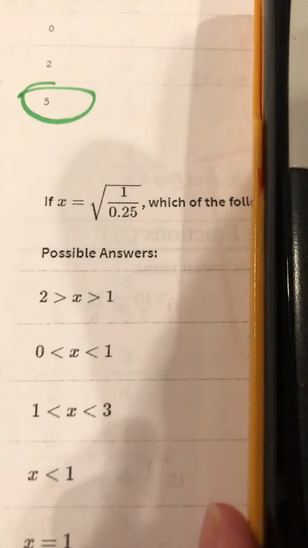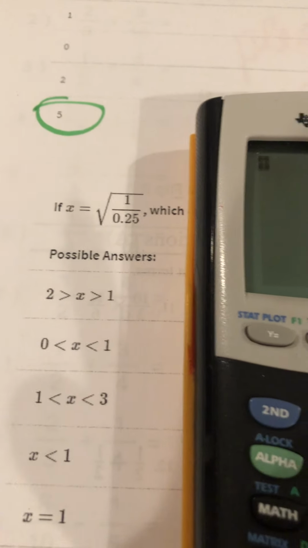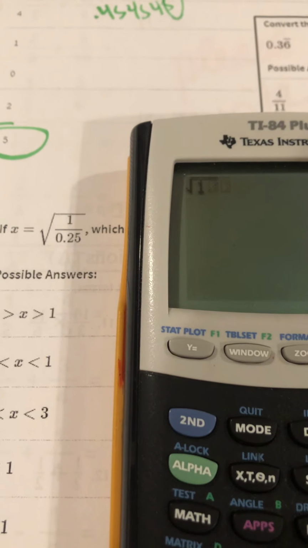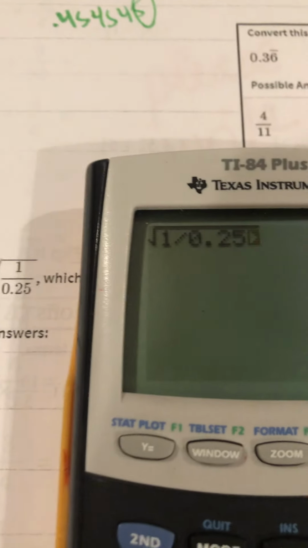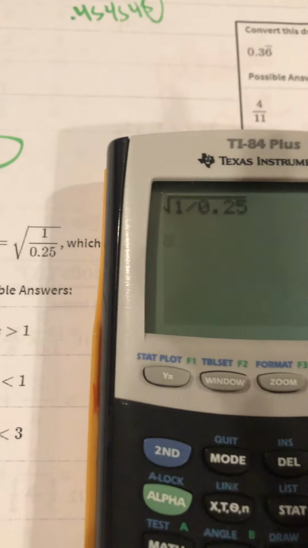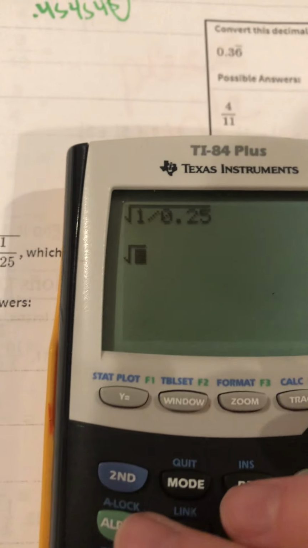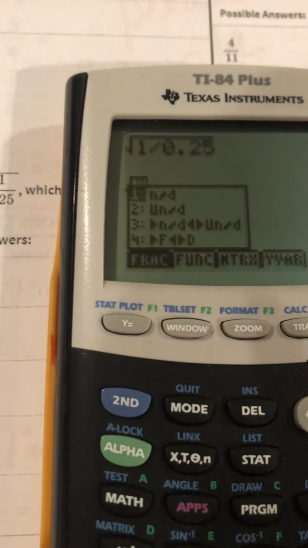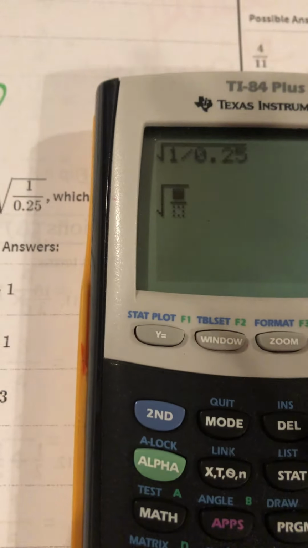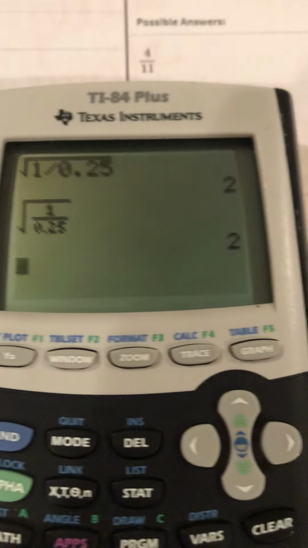Moving on to the next one. Again, you can use just the square root of 1 divided by 0.25, like that. And we could get 2. Or if you like, you can do the square root and then again that alpha, y equals enter, and it'll make it a pretty print if you like it to look like that.